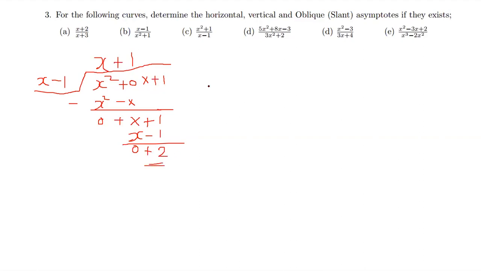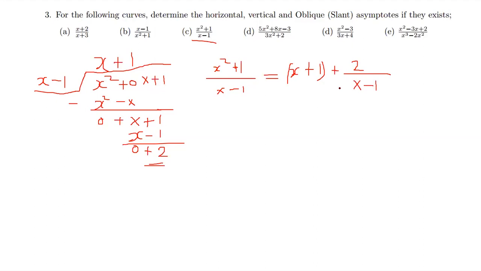So how you write this is like this. We know that x squared plus 1 over x minus 1, when you divide it, is just equal to x plus 1, then you say plus, you write this in brackets, the remainder, which is 2, divided by x minus 1.